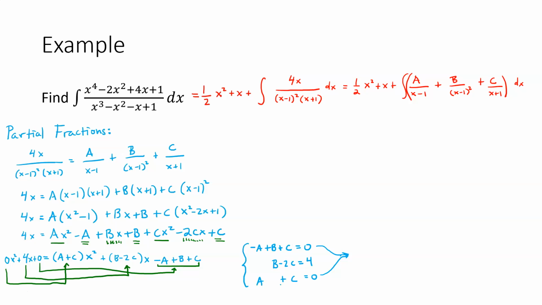Then I've got b plus c plus c, so b plus 2c equals 0. Now I can combine that with the b minus 2c that we have here. If I combine these together, the c's eliminate. So I get 2b equals 4, which gives me b equals 2.